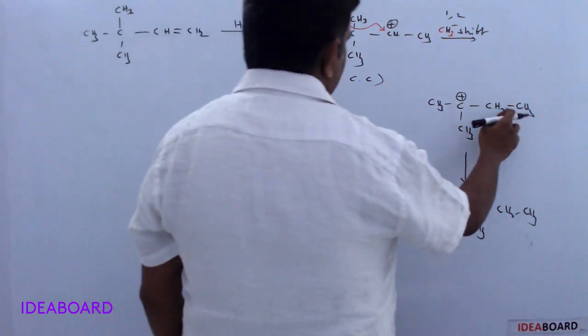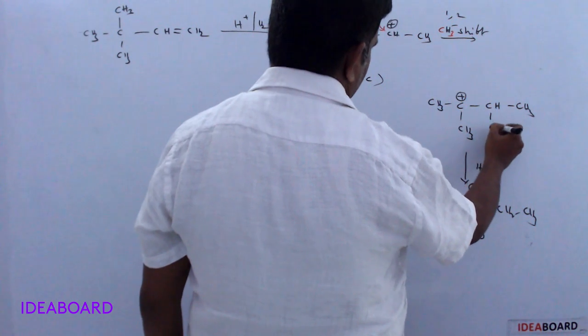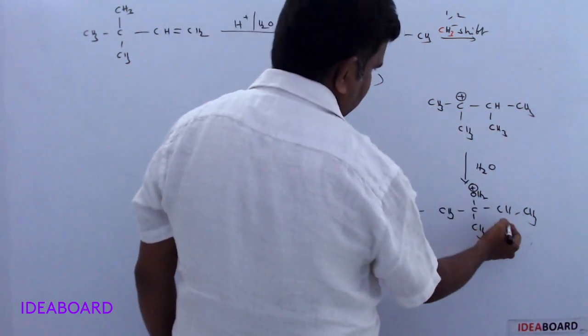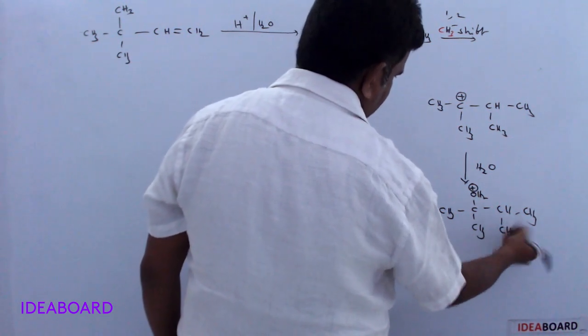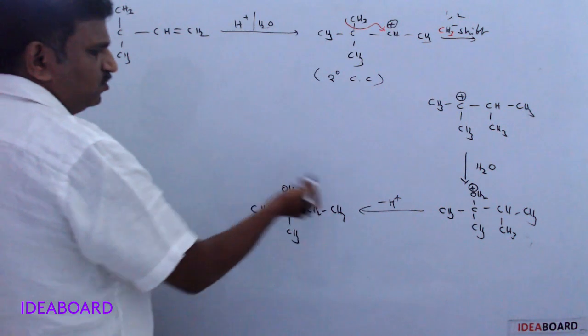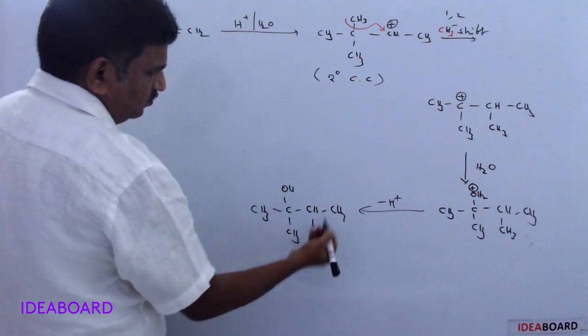And by the methyl shift, what happens? This forms a CH3 group. After the CH3 group forms, and after the hydrogen removal, proton removal, here we get a CH3 group.